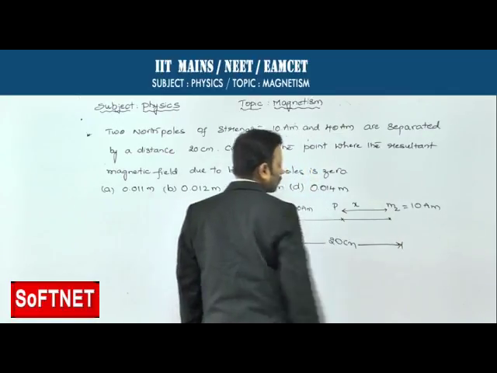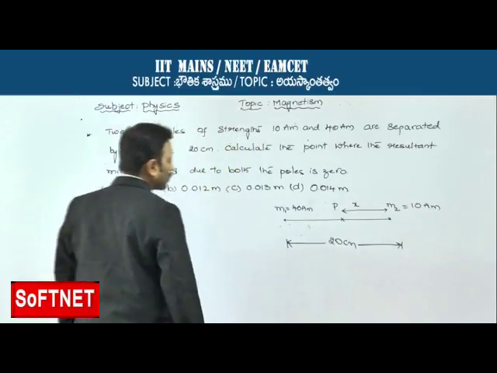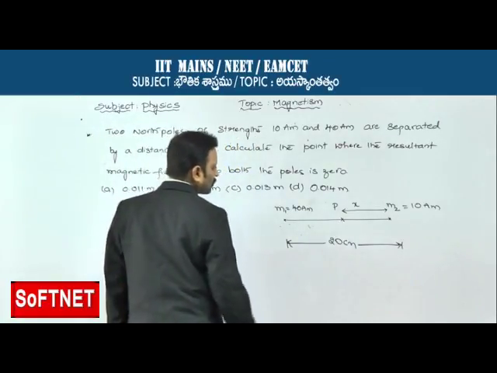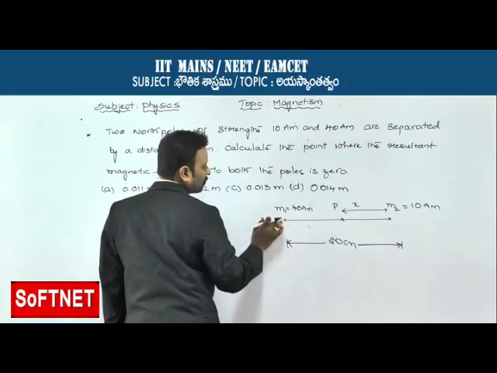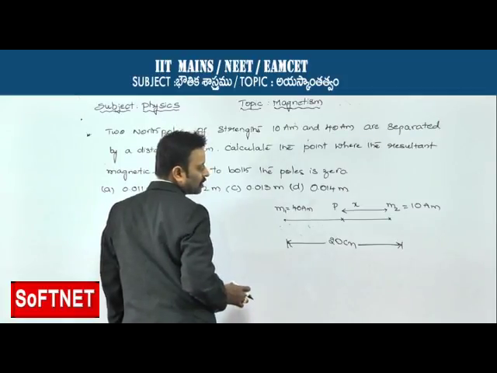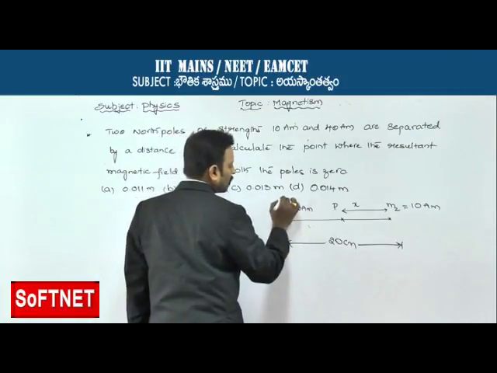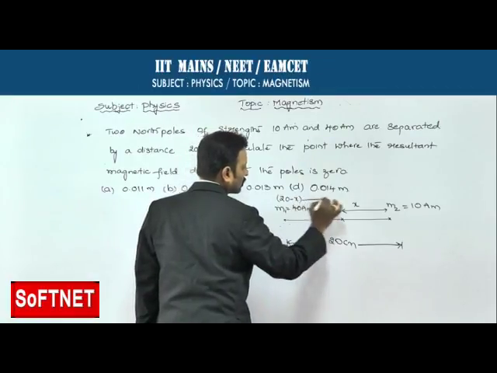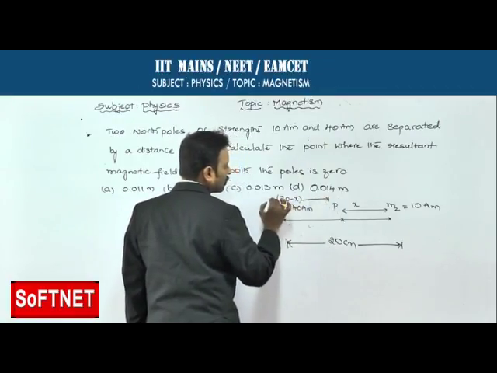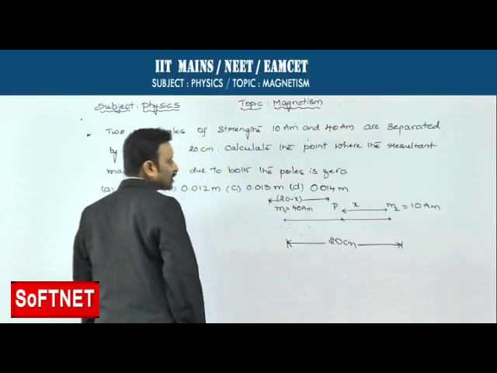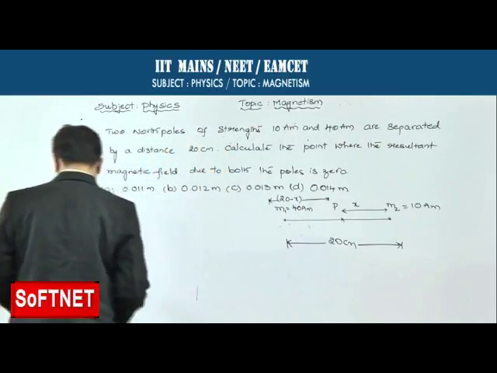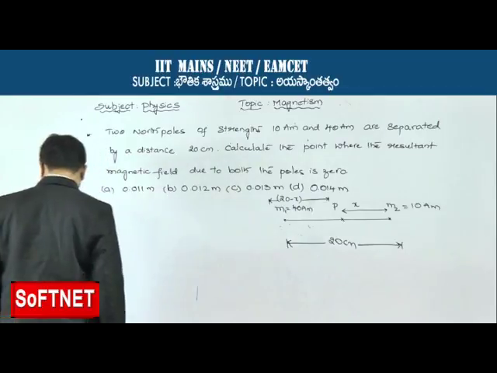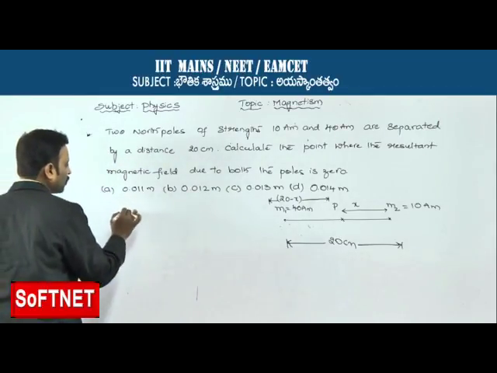I am supposing that the distance of this point from the second pole of pole strength 10 ampere meter is x, then the distance of this point from the first pole would be 20 minus x, because the actual distance between both the poles is 20 centimeters according to the given data. So, what is the formula for magnetic induction due to a pole?